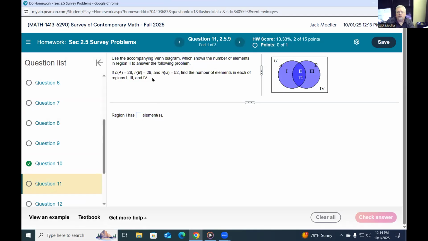How about this one? Use the Venn diagram, which shows the number of elements in the region. So they give us the overlap, and then they want to find the number of elements in each of the regions. So this basically means we have to fill out the Venn diagram. Let me jump over.